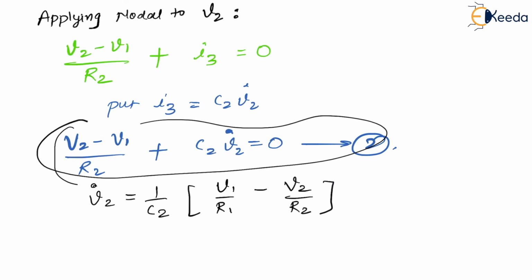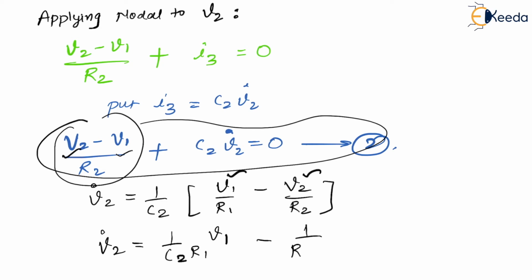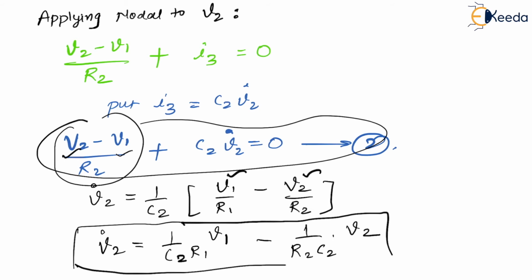Because when this goes there, this V2 will become minus, and V1 will become plus. So V1 has become plus and V2 has become minus, and that is how we have got this V2 dot. So V2 dot is equal to 1 by C2 R1 into V1 minus 1 by R2 C2 into V2. Let me call this equation 4.